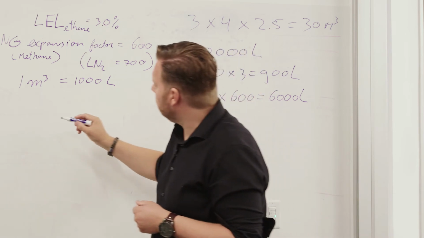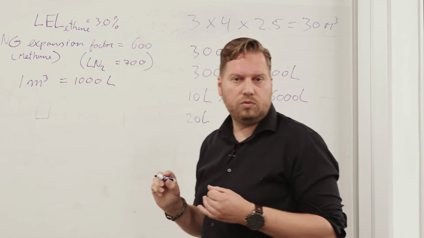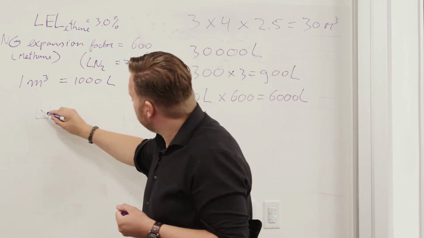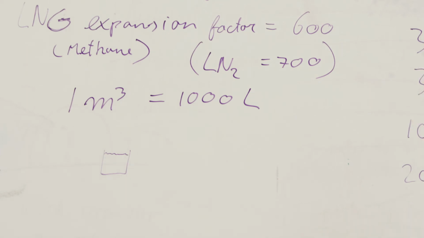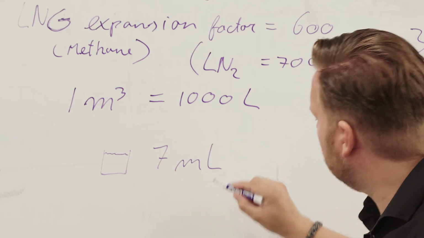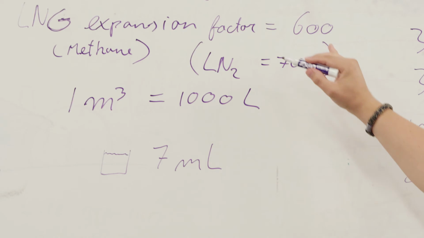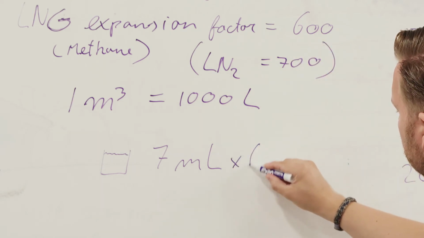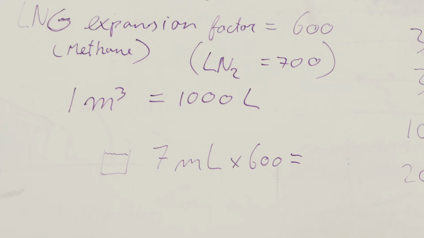So let's now consider the volume of liquid ethane that we work with daily when we're freezing a specimen. We're freezing a specimen in this ethane cup, and the volume of that ethane cup when completely filled is about 7 milliliters of liquid ethane. Now the 7 milliliters of liquid ethane times 600 will create, if everything is completely evaporated at once, 4.2 liters of ethane gas.